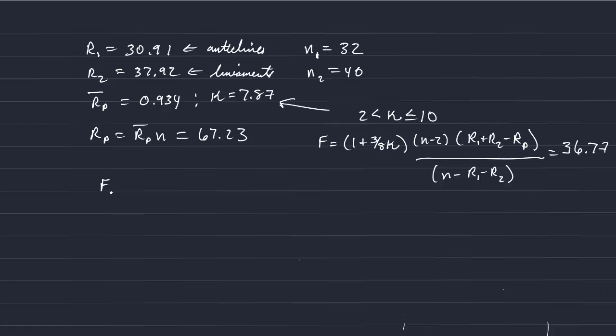My critical value for F, and I used the 10% significance, is 2.78. So indeed, F is greater than 2.78. The null hypothesis was that the mean orientation of the anticlines was equal to the mean orientation of the lineaments, but this test shows that H0 can be rejected.